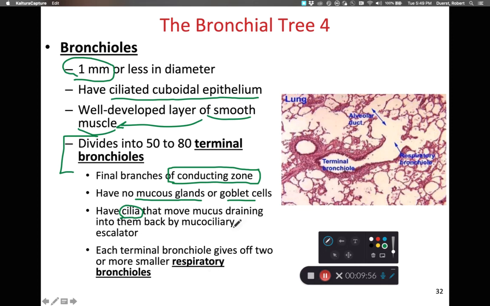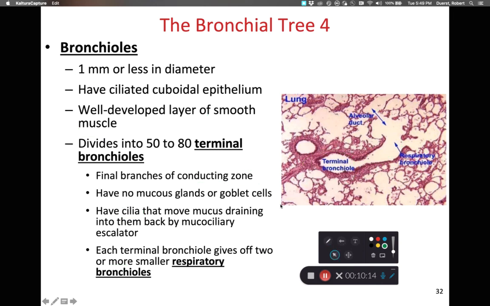Our terminal bronchioles are going to branch to 2 or more respiratory bronchioles. So here we have a terminal bronchiole, and that terminal bronchiole is going to turn into a respiratory bronchiole, and then notably after the respiratory bronchiole we have the alveolar duct come up.